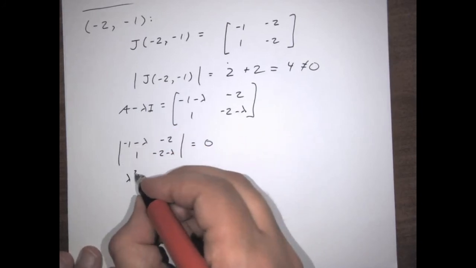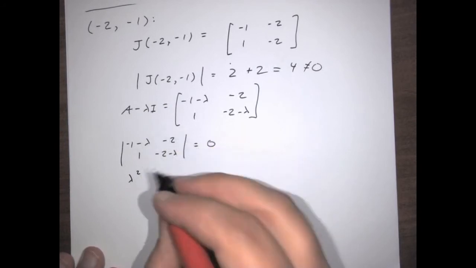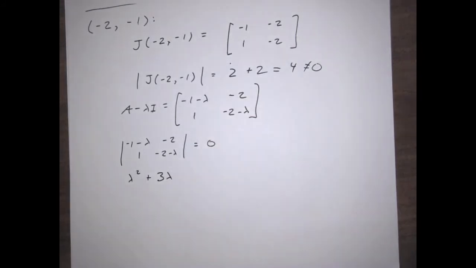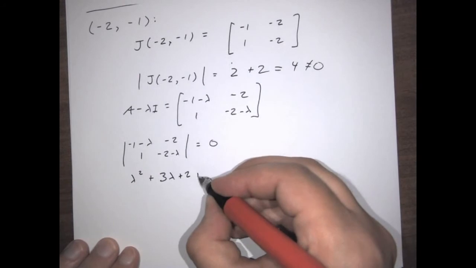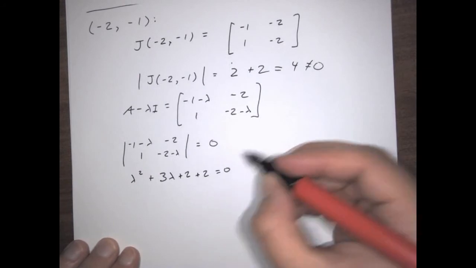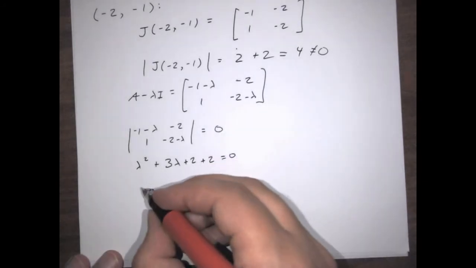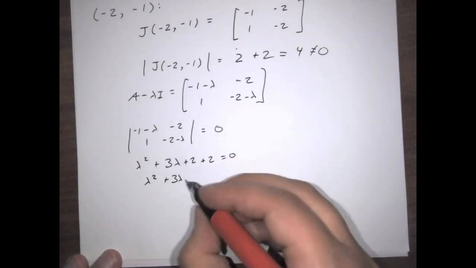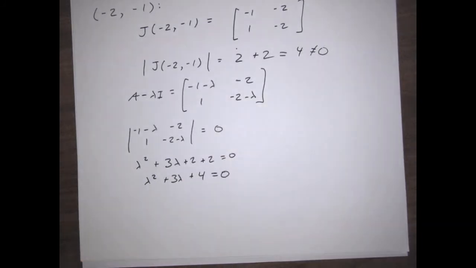We're going to have a lambda squared, plus 2 lambda plus 1 lambda, which is plus 3 lambda. We're going to have plus 2 plus 2, and so we're going to have lambda squared plus 3 lambda plus 4 equals 0.